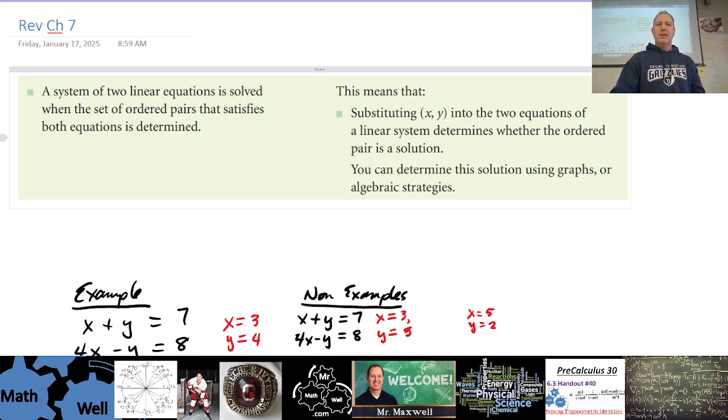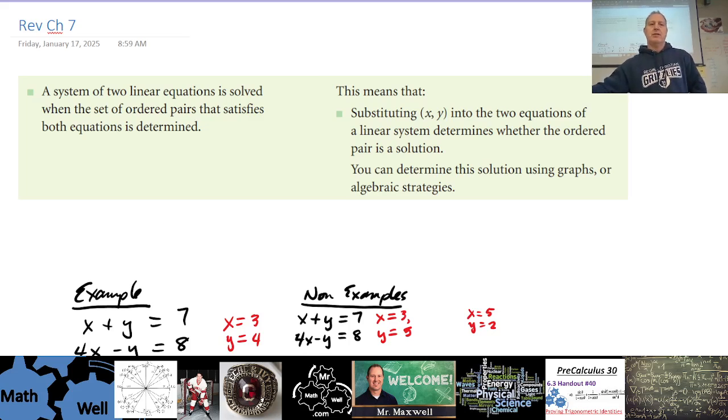So in 7.1, we talked about what is a linear system. Just a reminder, a linear system is 2 linear equations. Now there could be more than 2, but we only deal with 2 in this class. 2 linear equations, okay, and that is a system. And it is solved when a set of ordered pairs, so that is like a point or an x equals and a y equals, satisfies both equations.